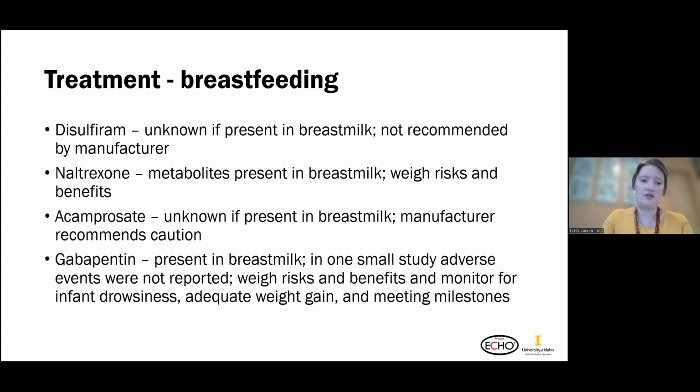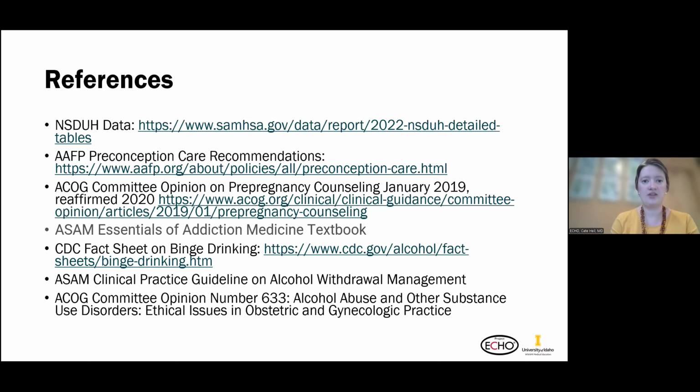The manufacturer recommends caution. And then gabapentin, it is present in breast milk in one study. Adverse events were not reported. And so again, this is another risk-benefit conversation, and things specifically to monitor for in the infant would be drowsiness, making sure they're meeting milestones, and then gaining adequate weight. And that is it.